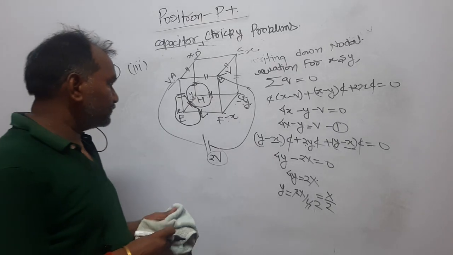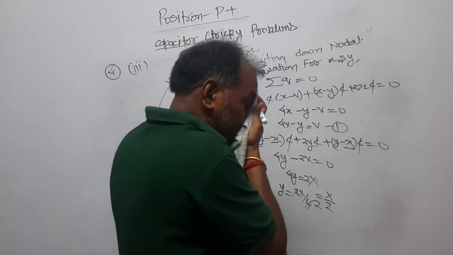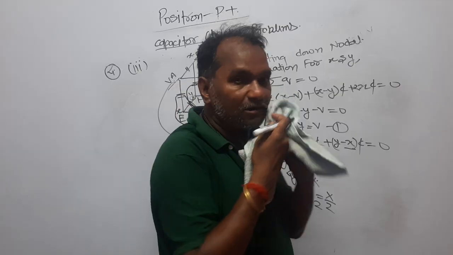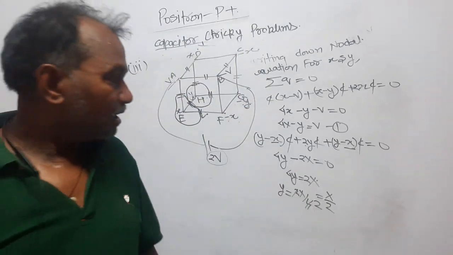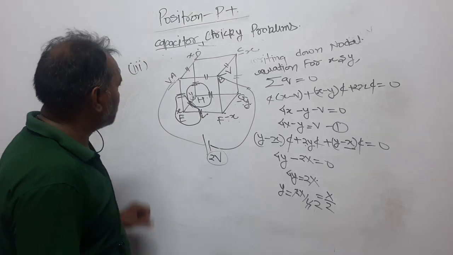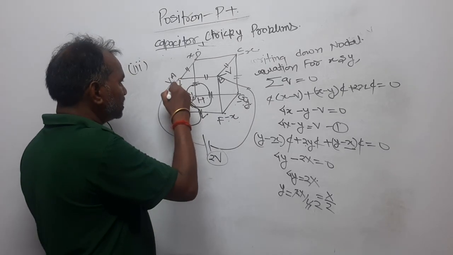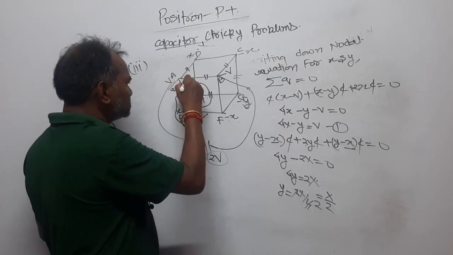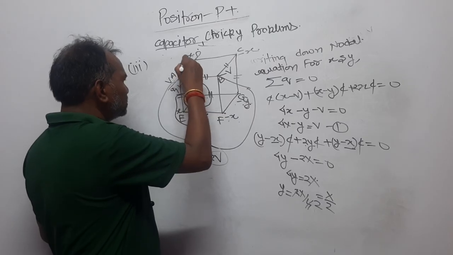Now, dear students, what we have to do next? We have written down the nodal equation for X and Y, and finally got the values of X and Y. Let the charge here be Q1, here Q2, here Q3.